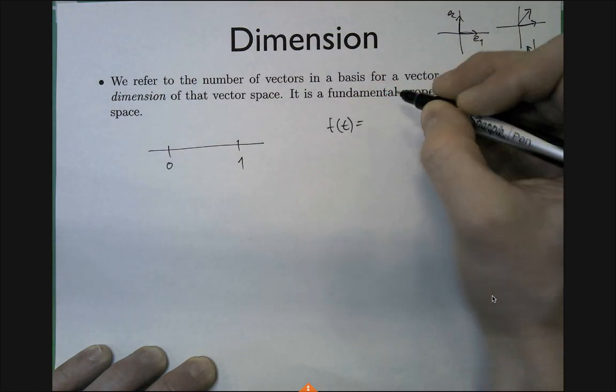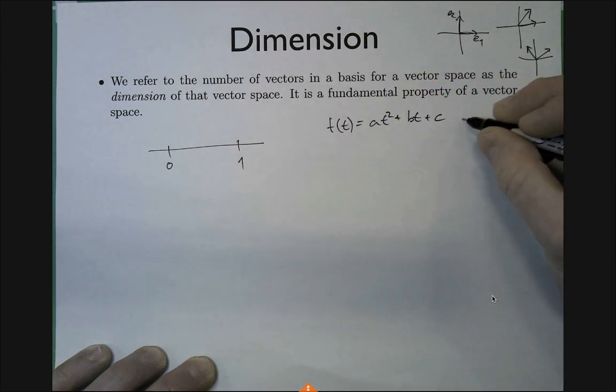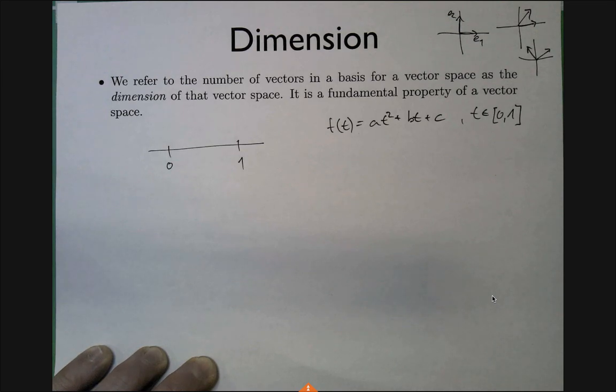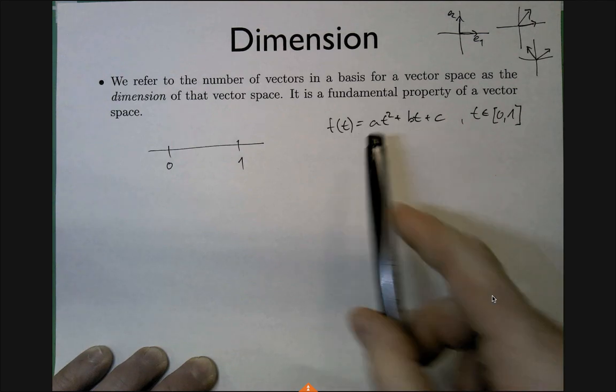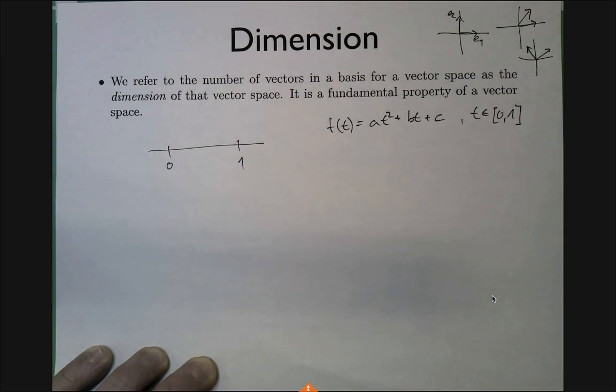So f(t) equals at squared plus bt plus c, where my t goes from 0 to 1, okay? And we had this before, and I was saying that this is a perfectly valid example of a vector space, because I can just define sum of two polynomials, multiply a polynomial by a scalar, and all the laundry list of properties of vector spaces is satisfied. So what do you think is the dimension of this vector space of polynomials on 0, 1?